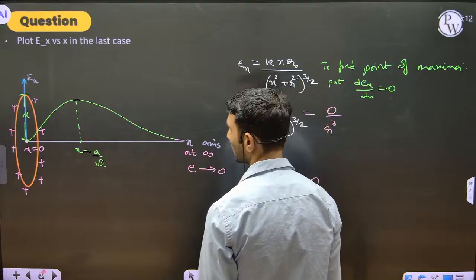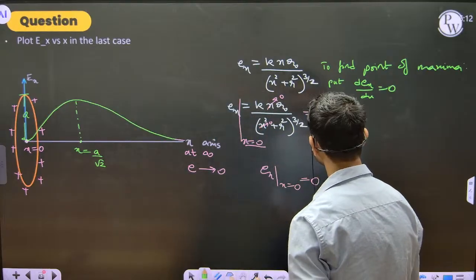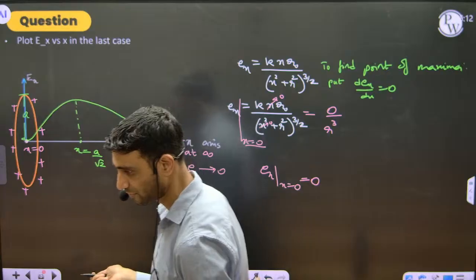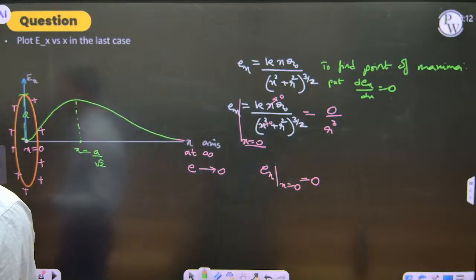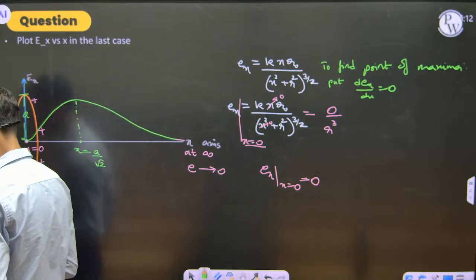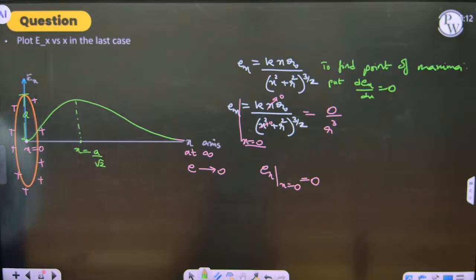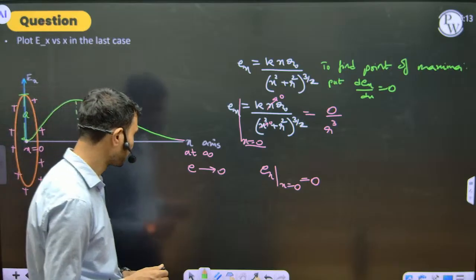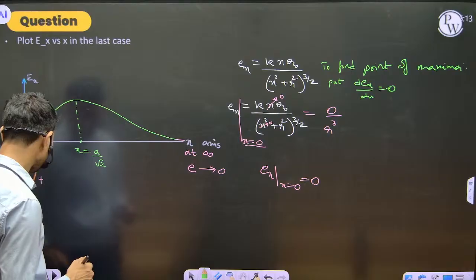That's all you have to do, then you will get the point of maximum. But that's a very lengthy calculation, so I'm leaving that to you kids. If you have a problem, let me know. I can derive it in the next class. But as of now, that should suffice, right? Okay, move ahead.